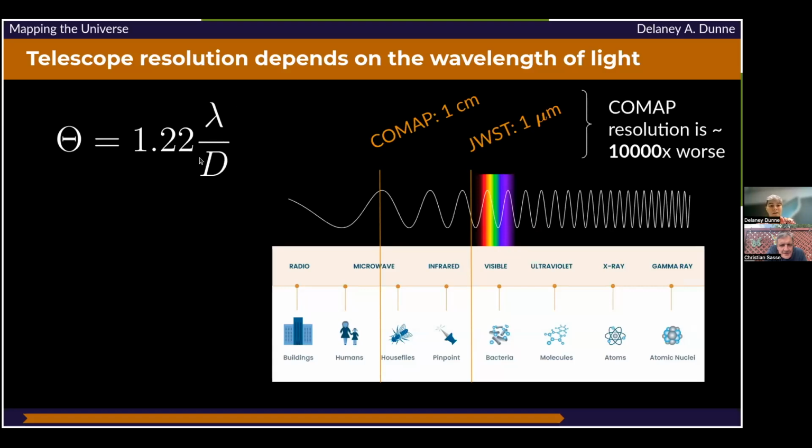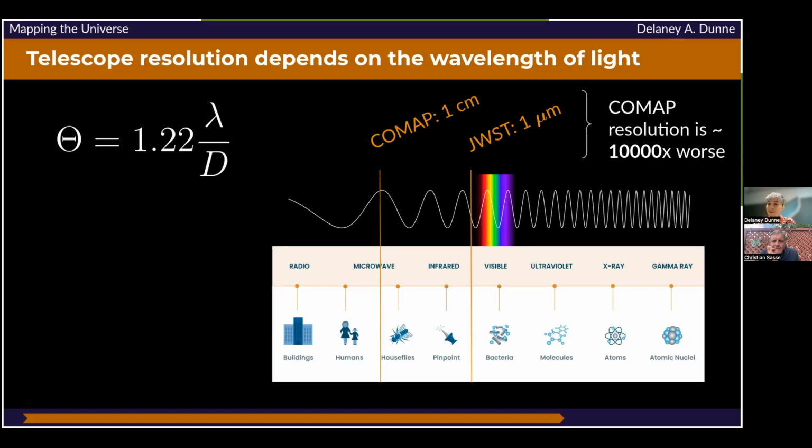And that means that this is a constant, and our resolution here is about 10,000 times worse. And so we have 10,000 times worse resolution. We've got these giant feeds. We only have 19 of them. All of that is actually fine, for the reason I was explaining earlier: when you are doing line intensity mapping, you actually want a poor resolution telescope on purpose.